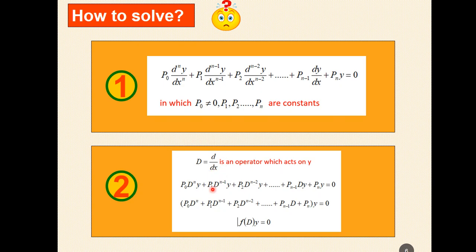This operator is said to act or operate on the unknown function y. If your unknown function is not y, then you just have to simply change the y into that particular letter.